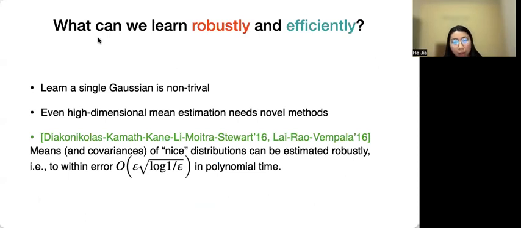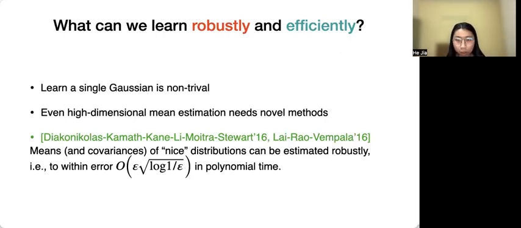Now let's go back a little to see the history of robust learning. What can we learn robustly and efficiently? Unfortunately, most robust problems are not easy to solve, especially in high dimension.